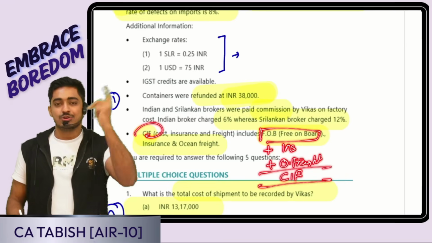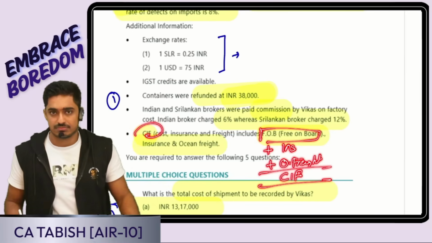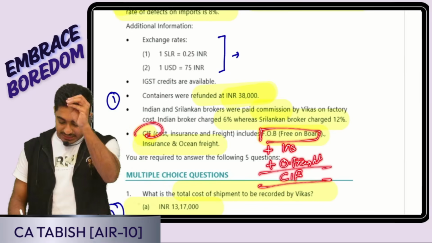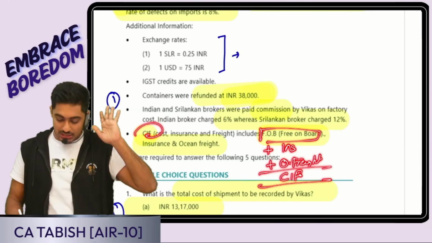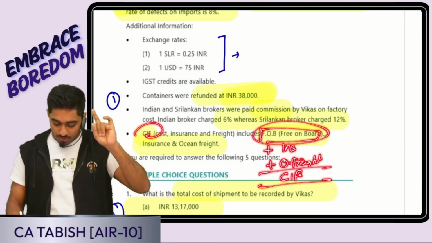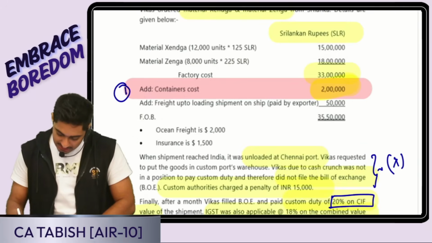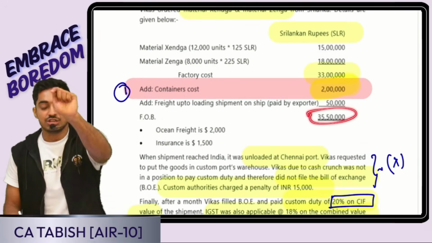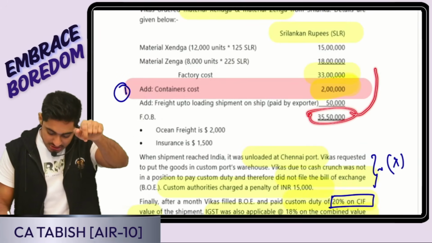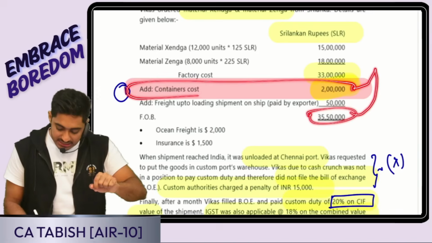Yes, that you will be learning when you reach your CA final. In customs you will be learning, but for the time being, the question has told what all is included in CIF: FOB, free on board, plus insurance plus freight. If you see your FOB, yes, here you are getting your FOB. In your FOB already, which one was considered? Container cost was considered.